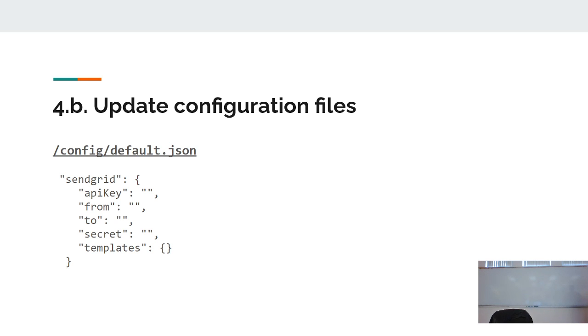I'm doing this intentionally. For the API key, I want to be forced to set an environment variable. The from should be something that I set in production. I don't want to just assume I'm using John Doe at blah blah blah.